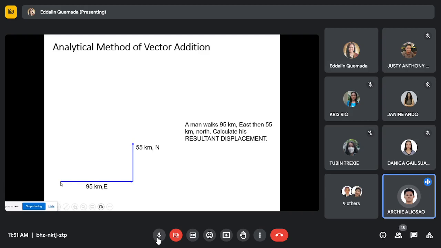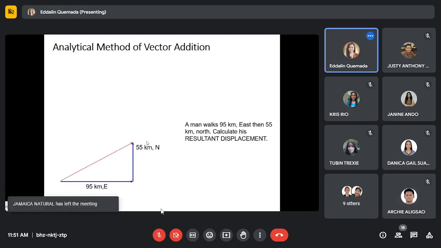Looking at the given figure, we are creating a right triangle, isn't it? Correct, class? Yes, ma'am. Okay, what does the resultant represent in this right triangle? The hypotenuse, correct.